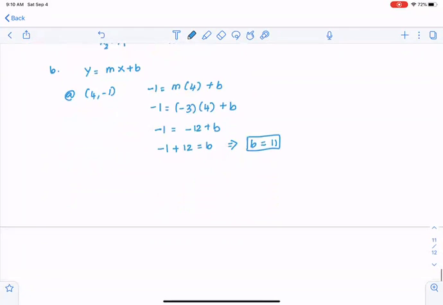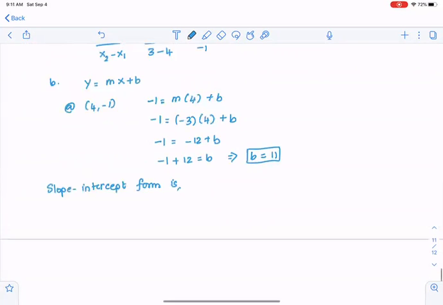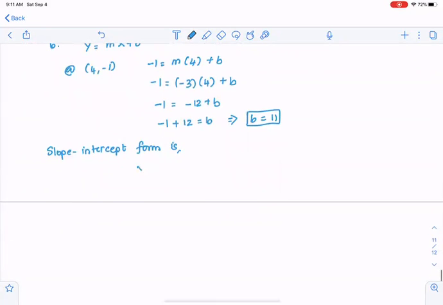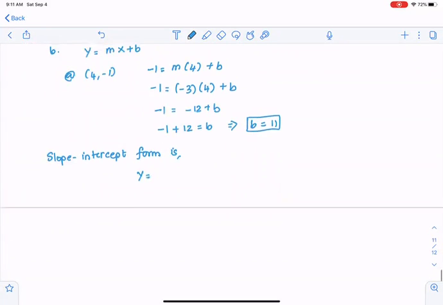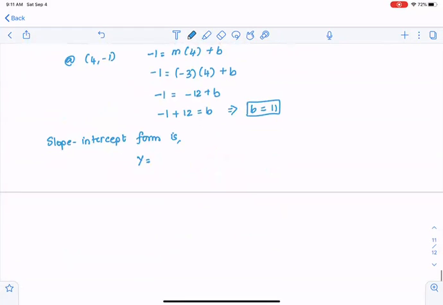So the slope-intercept form is y equal to m, which is -3, times x plus b. b is 11. So the first step is to find the slope.